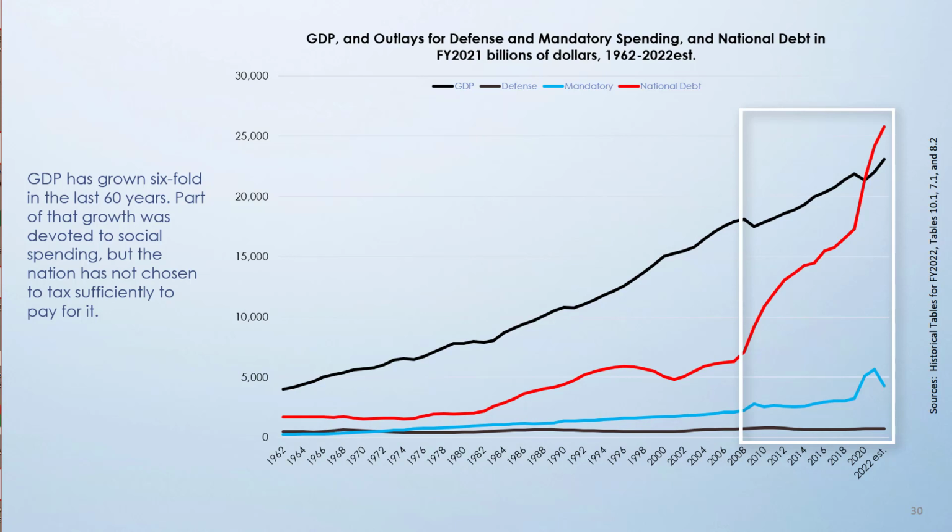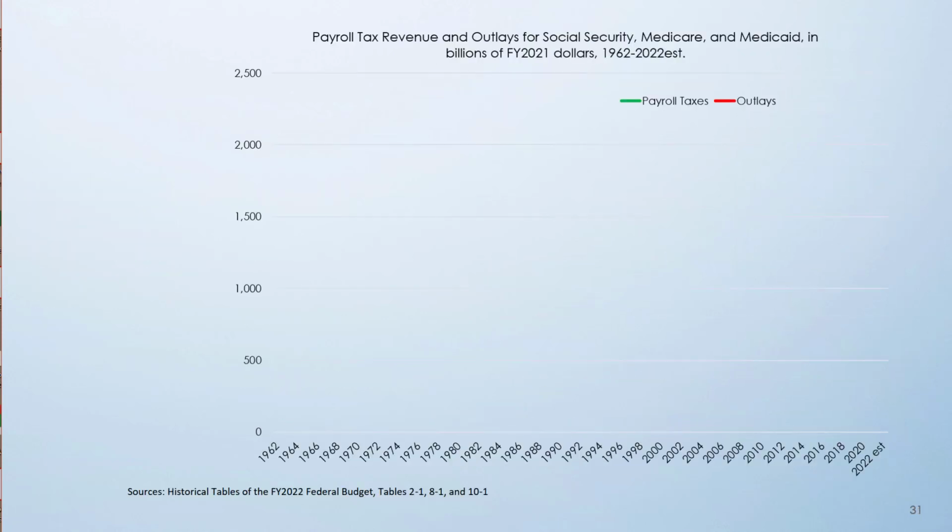So what's driving this? There's a couple of things. One of the sources of income is our payroll tax, right? And we have three big programs that are paid for by that payroll tax: Social Security, Medicare, and Medicaid. And as the country has grown, the amount of revenue coming in that payroll tax has grown along with it.